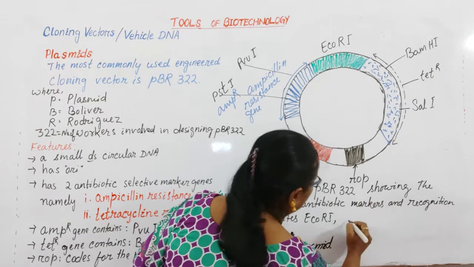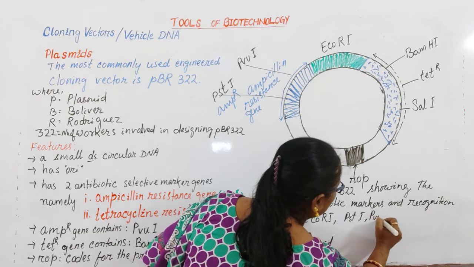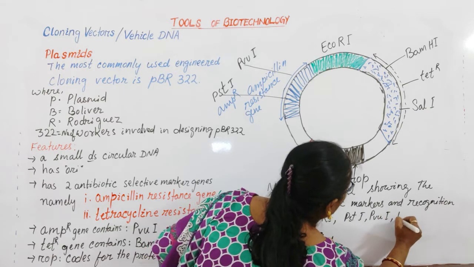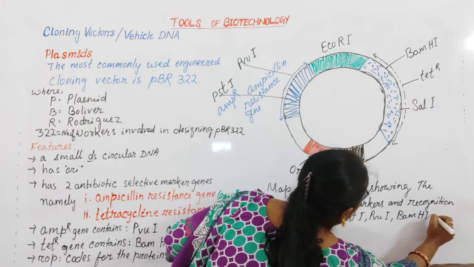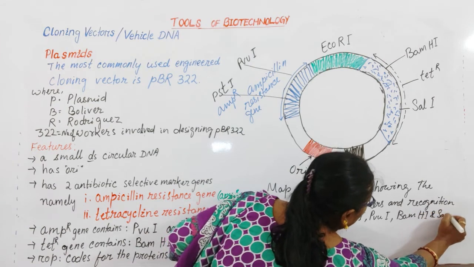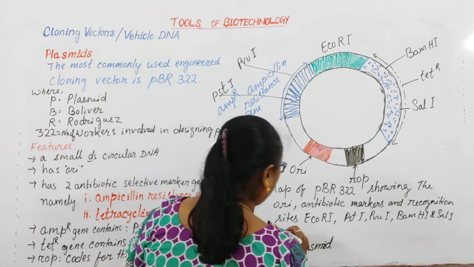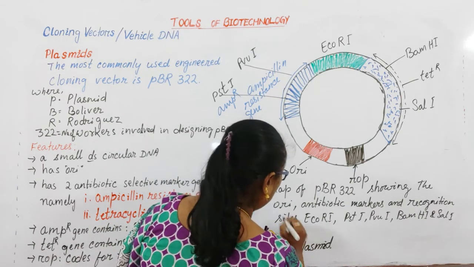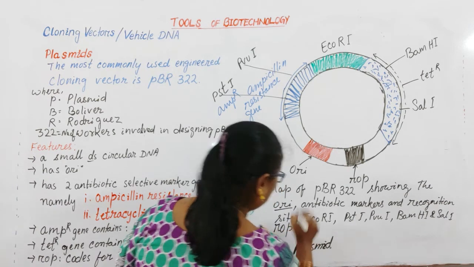You have to write down like this: PstI, PvuI, BamHI and SalI. Okay, along with that ROP, ORI already we have written ROP.